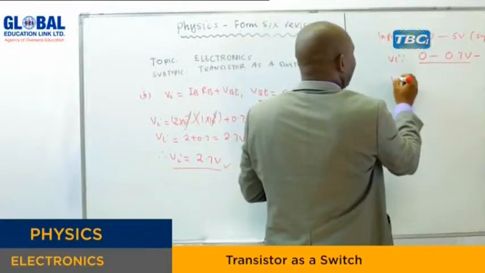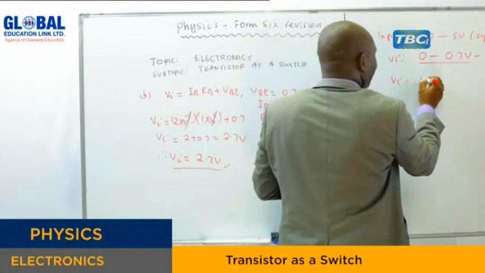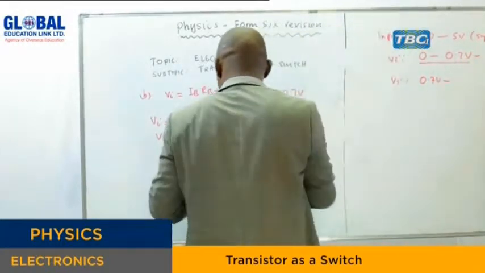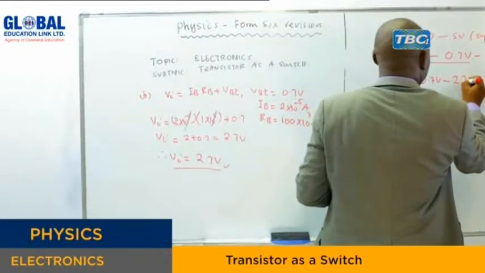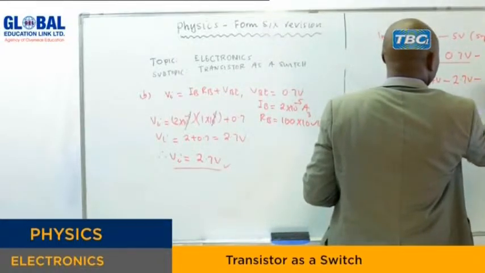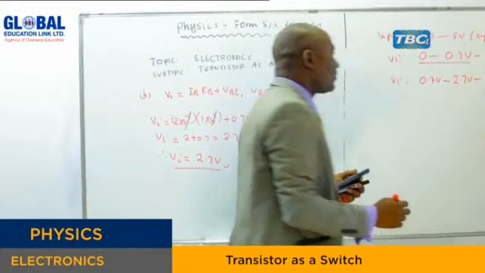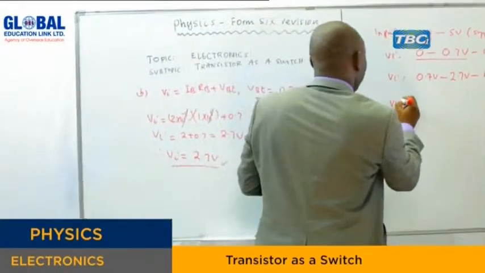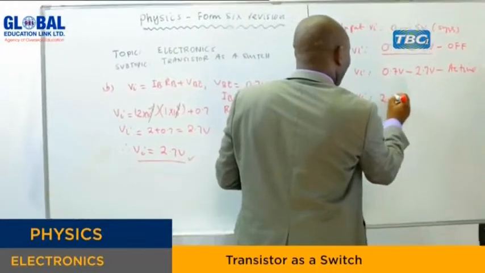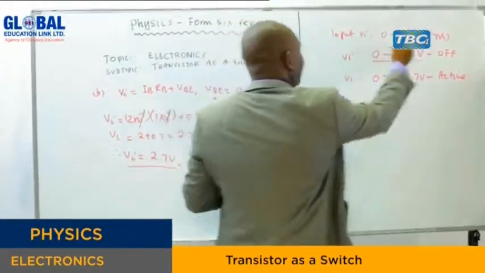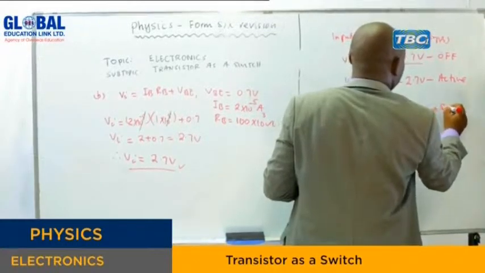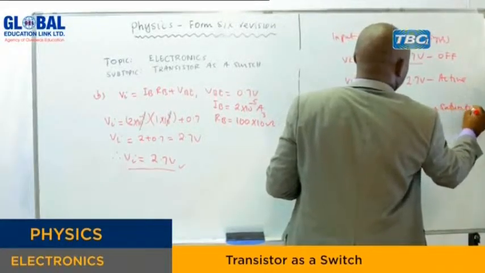When the voltage is between 0.7 and 2.7, this is when the transistor is in the active state. And when the voltage is from 2.7 to the maximum, that's where the transistor is at saturation.